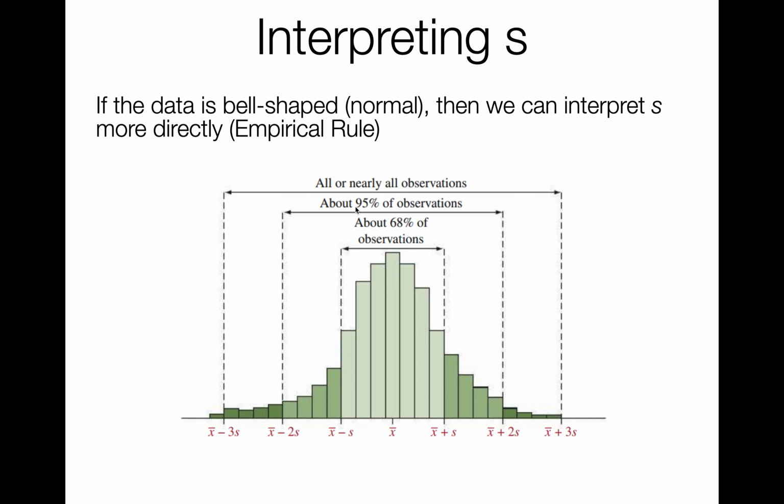So when data is bell-shaped, I can use the standard deviation in conjunction with this empirical rule to tell me how typical or atypical a value is. And so we'll have a little practice with this.